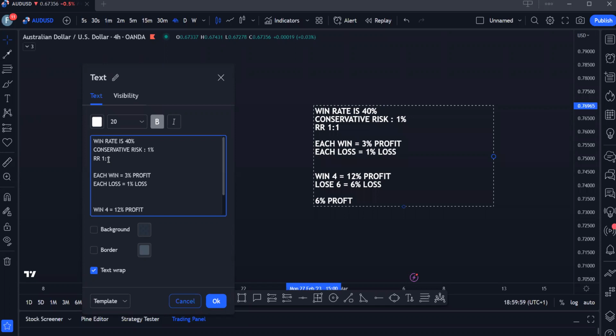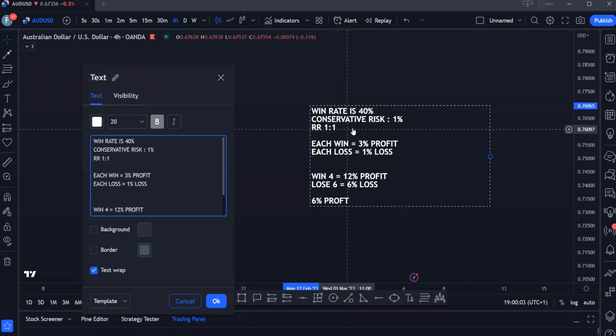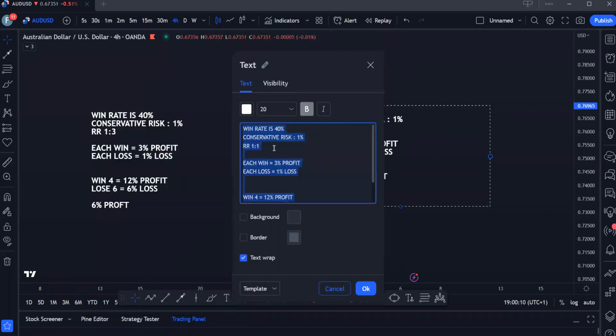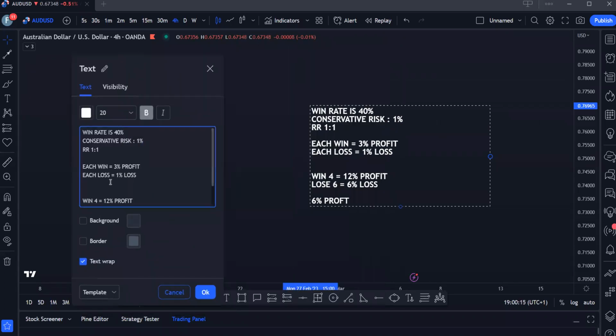Now, if your risk reward is 1-to-1, and you are risking 1% per trade with the same win rate, each win will give you 1% profit. Each loss will also give you 1% loss. So if you win 4 trades, you've only had 4% profit.